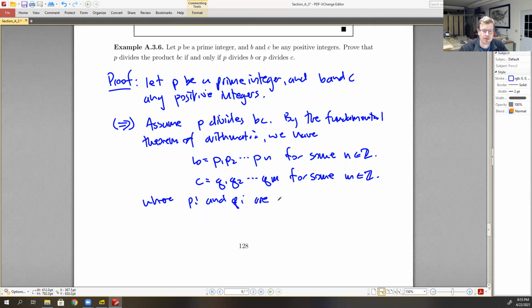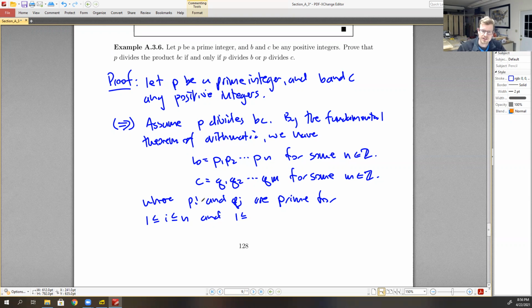Pi and Qj are prime for 1 ≤ i ≤ n and 1 ≤ j ≤ n.